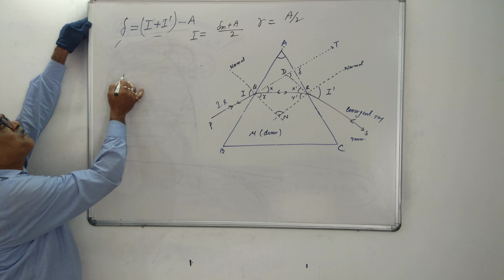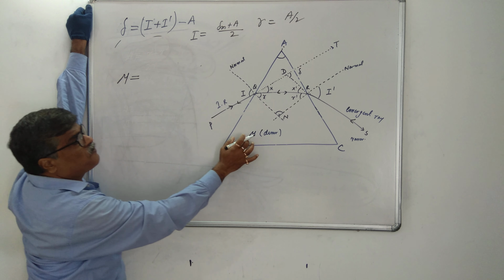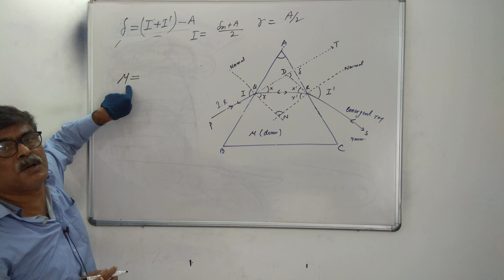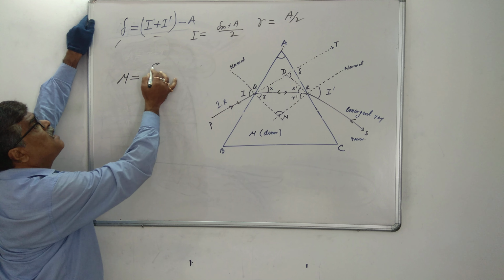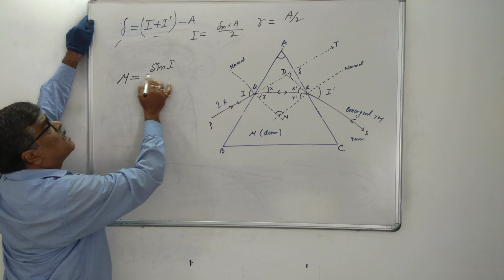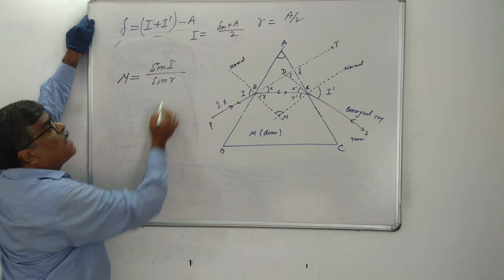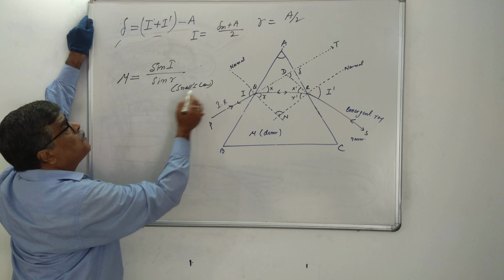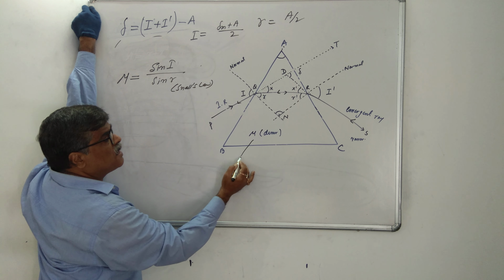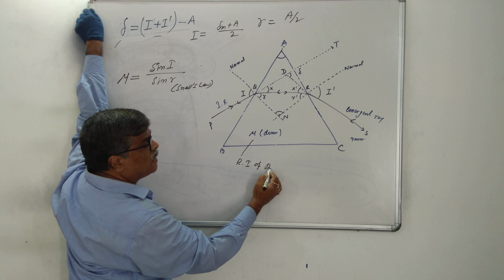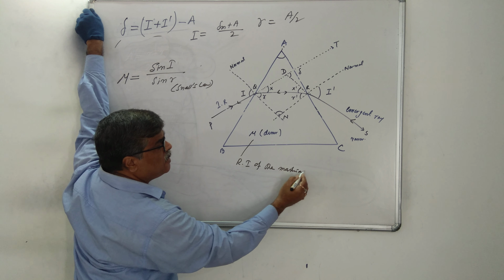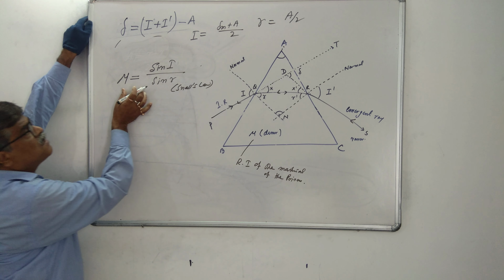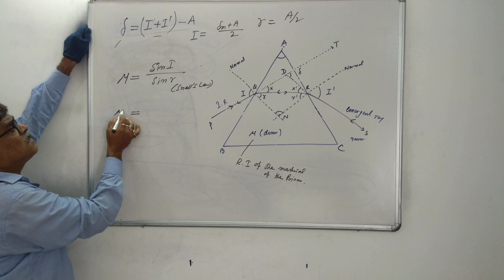Now, if mu is the refractive index of the material of the prism, then according to Snell's law, mu is equal to sin I by sin R. So what is the result?